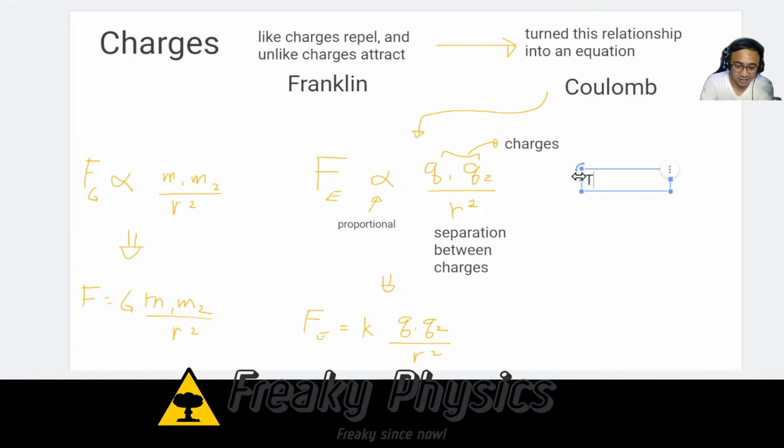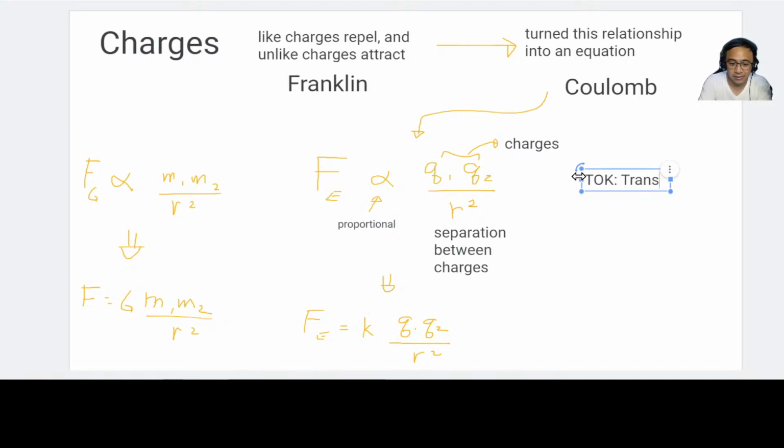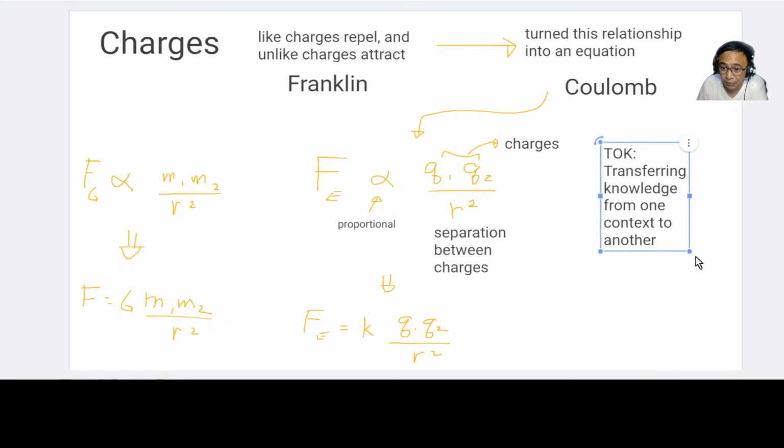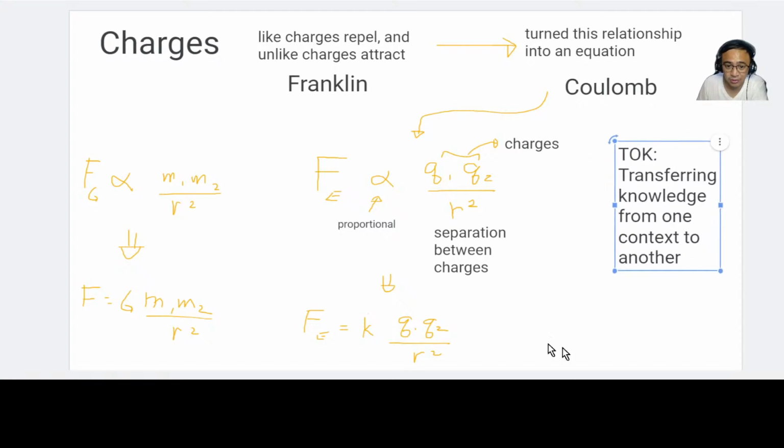But the one you mentioned about TOK here is transferring knowledge from an original context, from one context to another. Okay. Now this is a really good example of transferring that knowledge from one context to another.